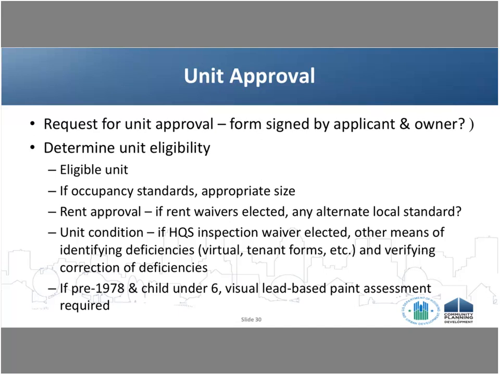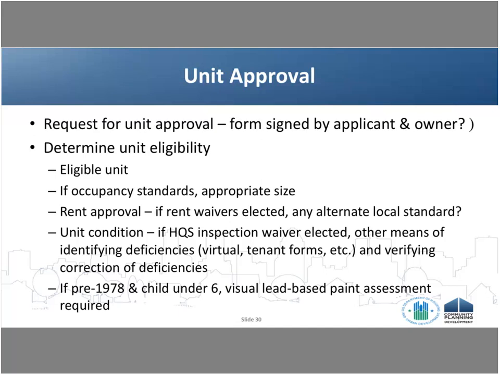Also, another waiver that was made available to you was the requirement to inspect the unit prior to approving it, and the unit should meet HQS in that inspection. While this has been temporarily waived, or the waiver's been made available to you, you're still obligated under the waiver to minimize the risk that tenants in housing are put at risk by the condition of the property.